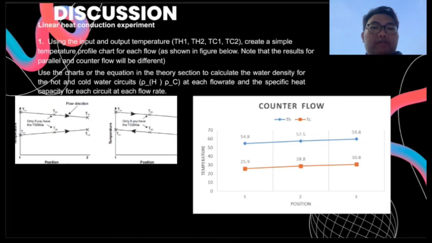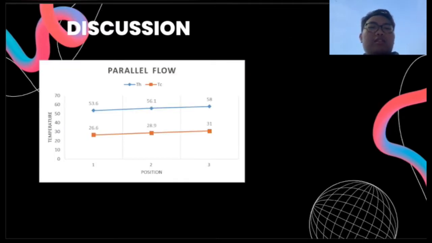The data is 54.8, 57.5 and 59.8. The blue line 1 and orange line 1 is 25.9, 28.8 and 30.8. Next is parallel flow. The blue line is 53.6, 56.1 and 58. The orange one is 26.6, 28.9 and 31.